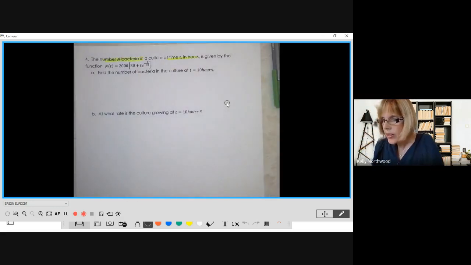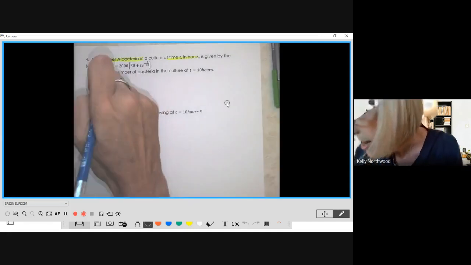So A says find the number of bacteria in the culture at t equals 10 hours. So remember, that's not asking for a rate of change. It's just asking for the number. So it just wants N at 10.